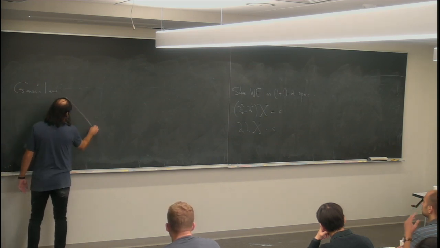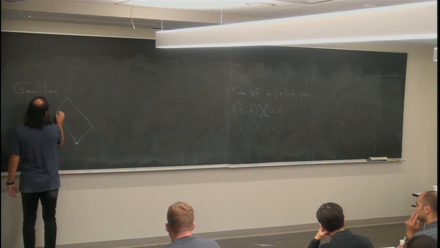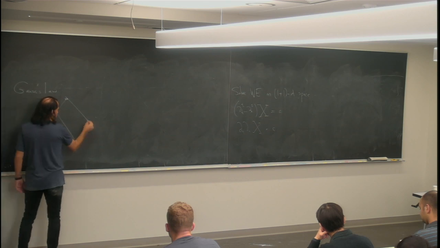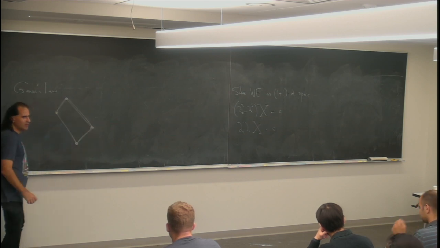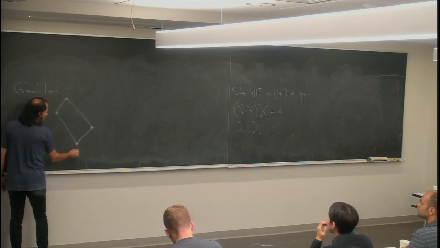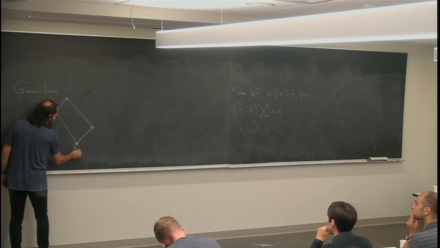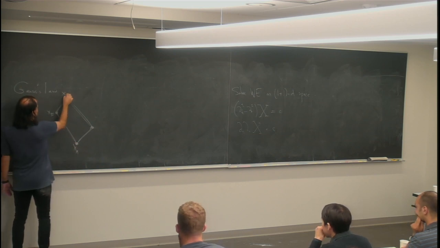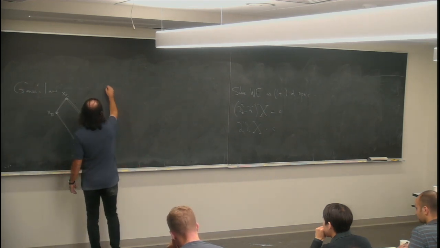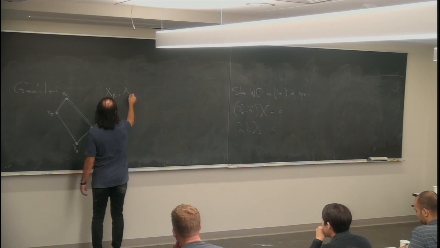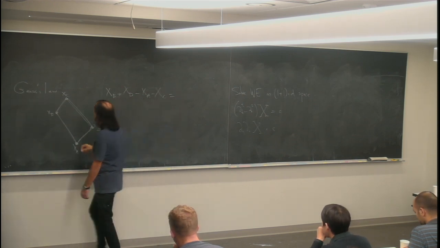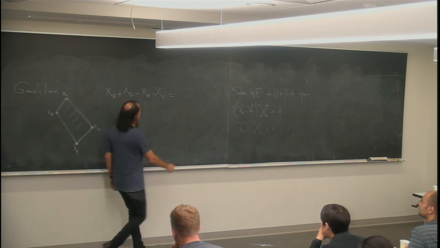If you give me any causal diamond, which is just something where the light rays go out in 2 directions up to some point, then you reverse them at some other point, and the values of x here are xa, xb, xc, and xd, then Gauss's law tells you that xb plus xd minus xa minus xc is the integral of the current inside. I'll call that some capital C.